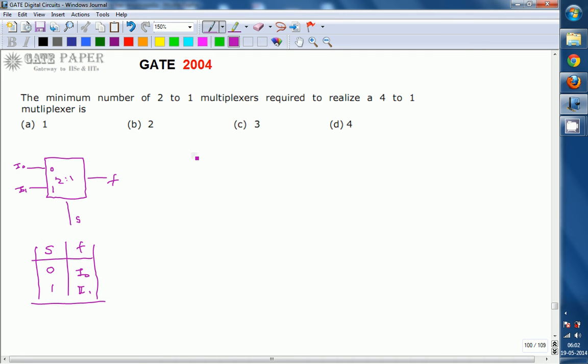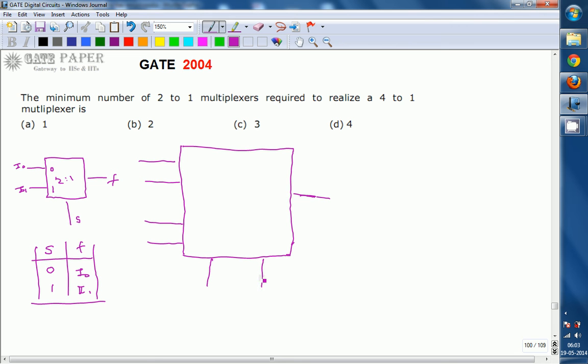Now, the 4 to 1 multiplexer. A 4 to 1 multiplexer consists of 4 inputs, 1 output, and 2 select lines.